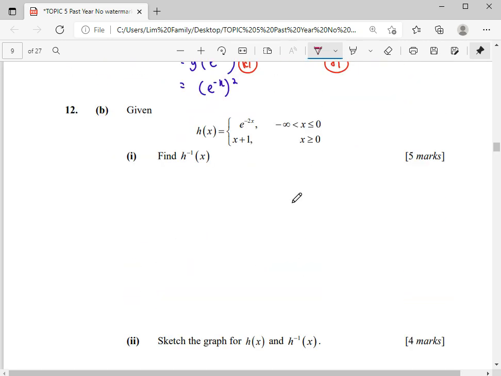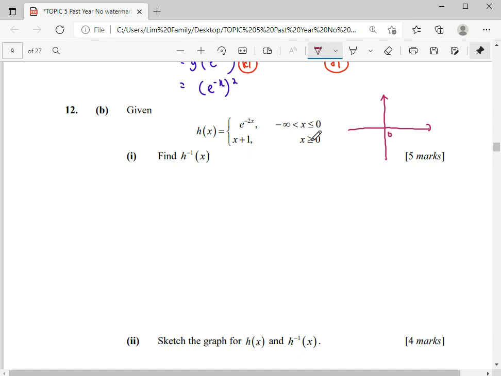So when you draw this graph, we're just sketching. When you have x less than 0, from this 0 to the left hand side, we are drawing the exponential function.